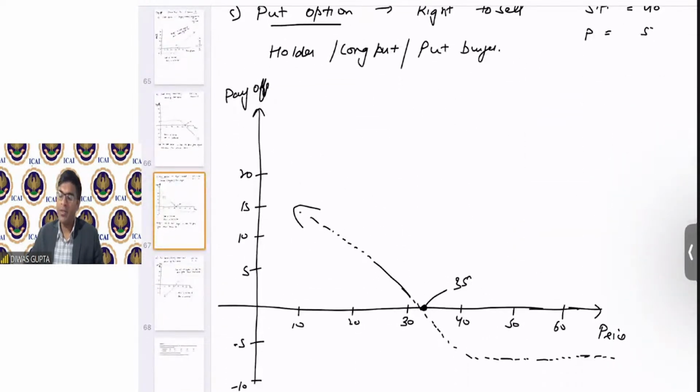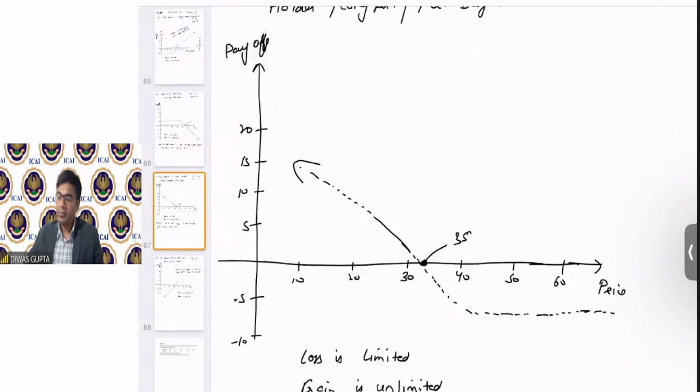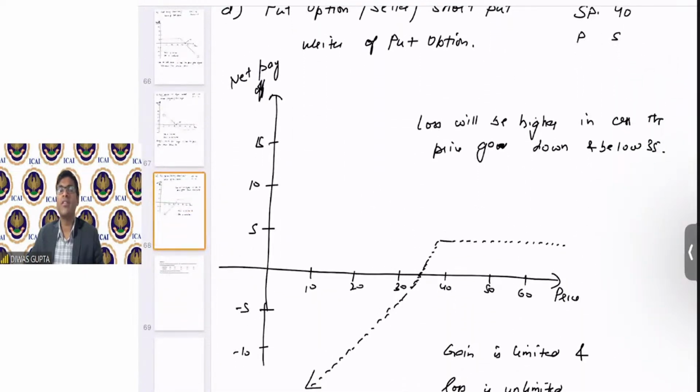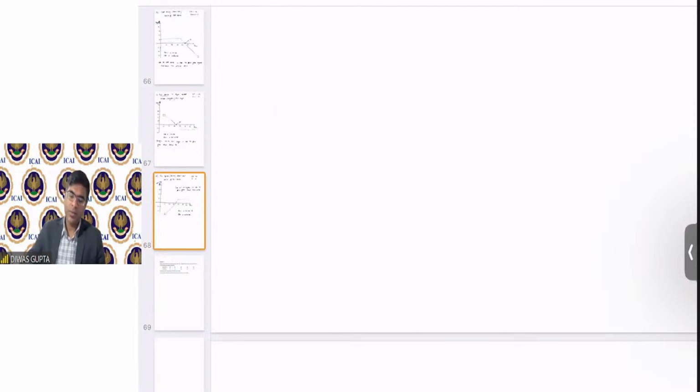For the put option buyer, the gain will increase if the price comes down. And for the put option writer, the loss will increase if the price comes down. Okay, students?